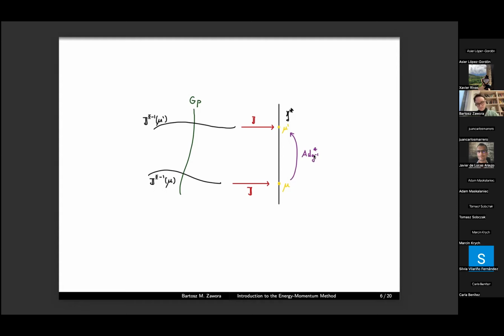Have you tried to use these techniques with the energy-momentum method? No, I haven't tried to use those techniques in the setting of the energy-momentum method, but these are very well-known results in reduction theory. It's a fair point. Do you think that it is possible? Yes, I think so. Okay, thank you. I think it should be.